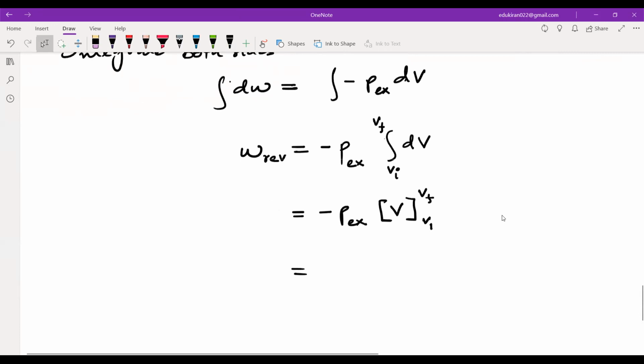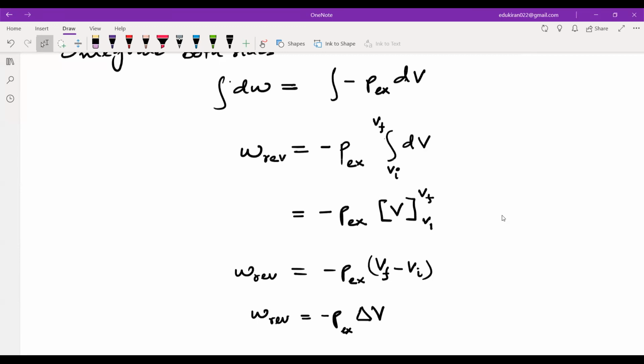Next, we are going to write that this is equal to V final minus V initial. And this will be W reversible equal to minus P external times delta V.